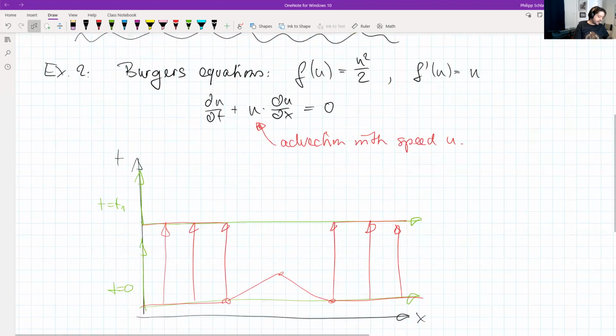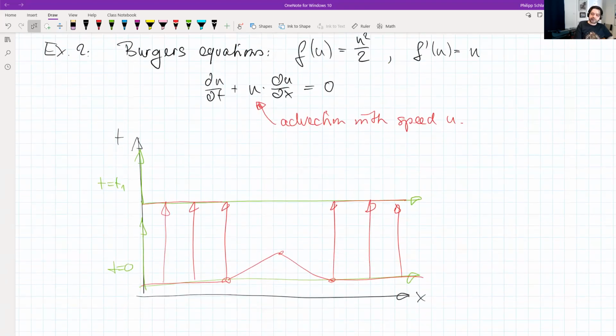But the second example is where we stopped, and that's a little bit more interesting, and it will also keep us busy for today, because the features of the second example are really what we also observe in Navier-Stokes or in the Euler equations. So that type of behavior is exactly what we have in our fluid flow equations.